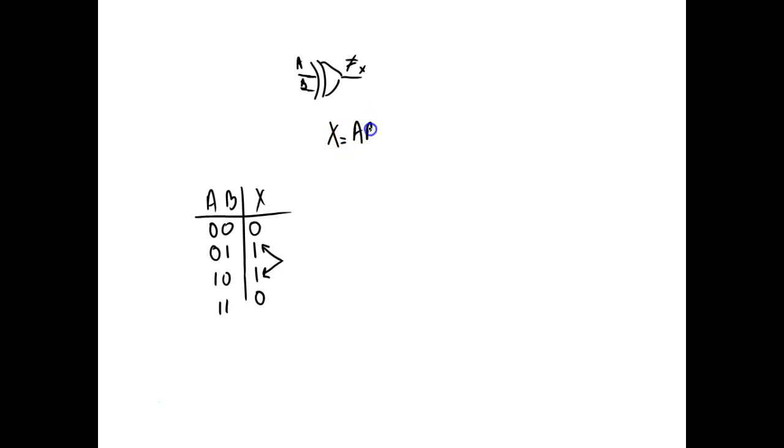So this would be the Boolean equation: not A and B, or A and not B. That is called an exclusive OR, right? Of course, this is an exclusive NOR.